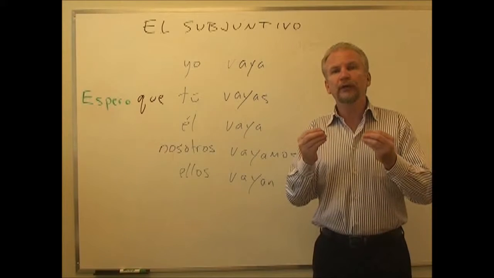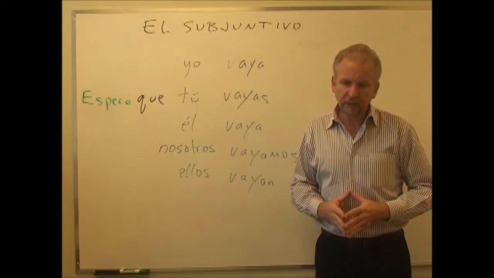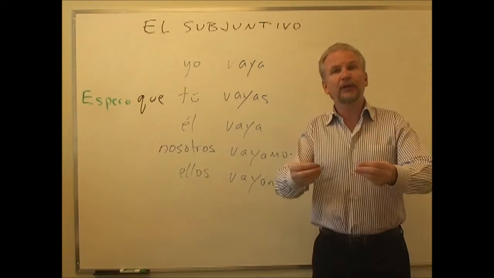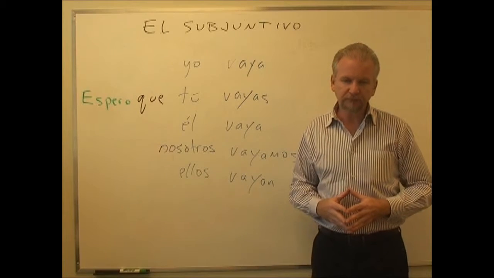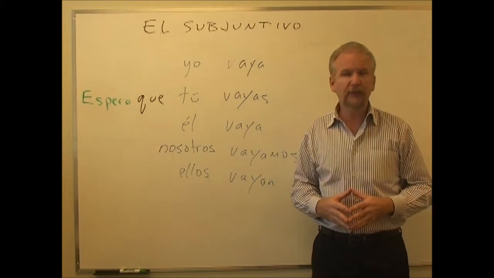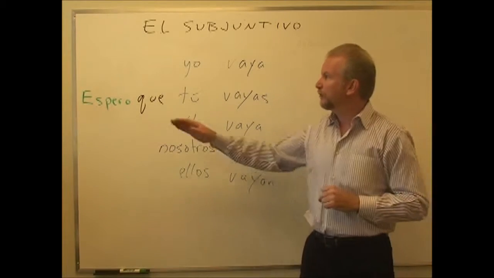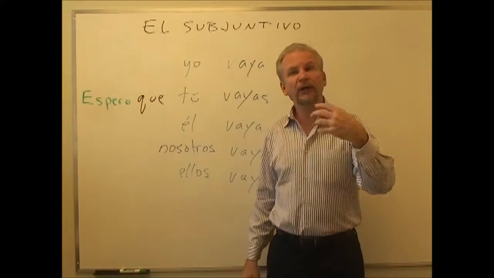Yo dudo que él vaya. I doubt that he goes. Recomiendo que él vaya. I recommend that he goes. Quiero que él vaya. I want that he goes. There are a lot of expressions that express an emotion with que. I want that. I recommend that.